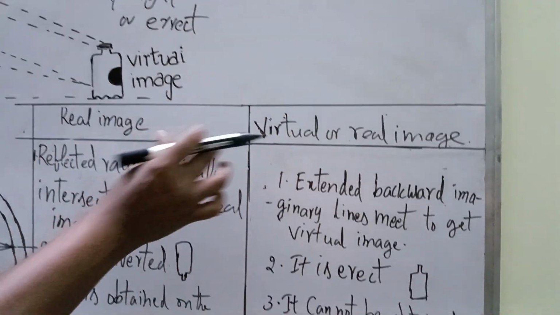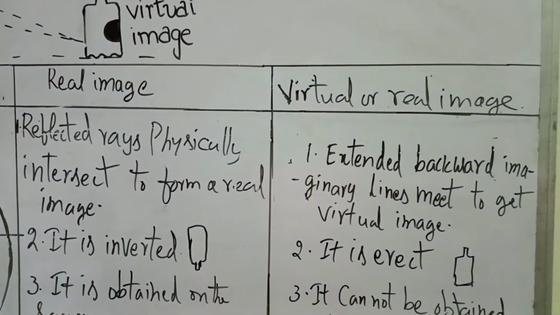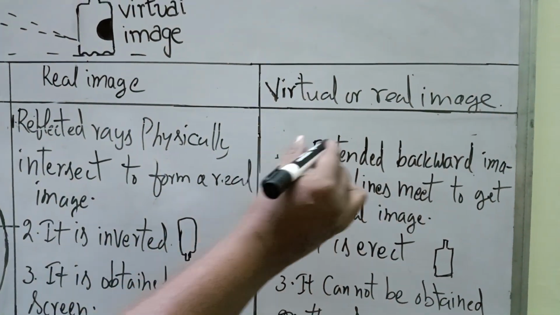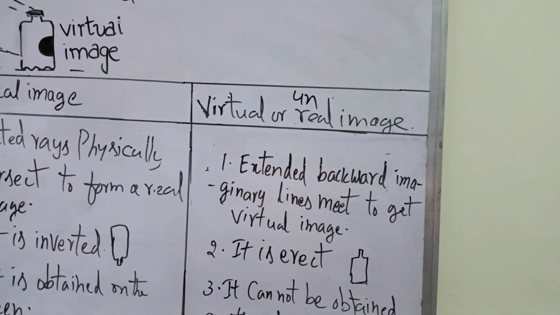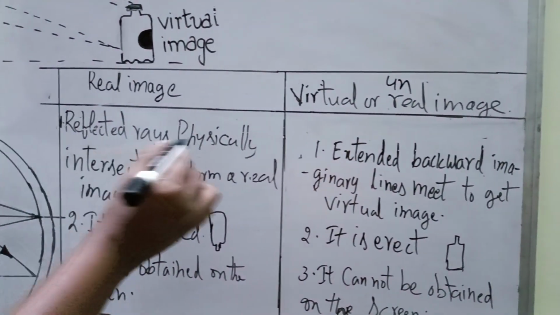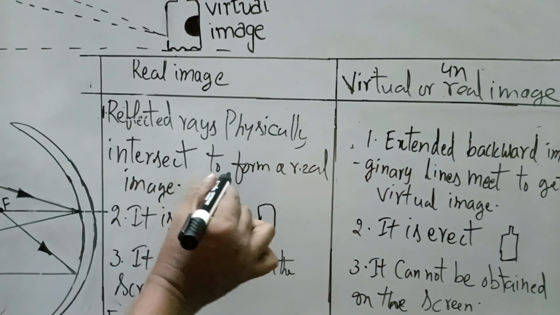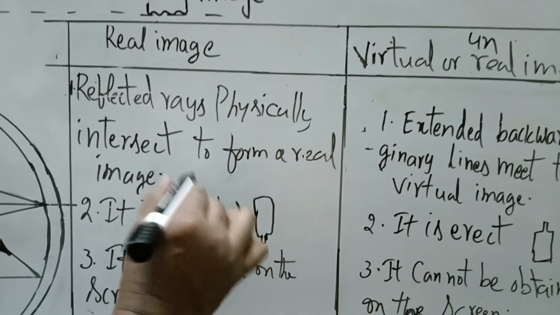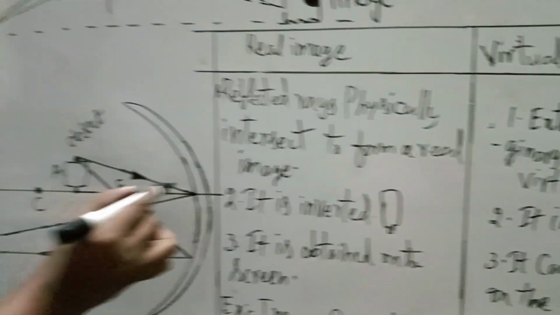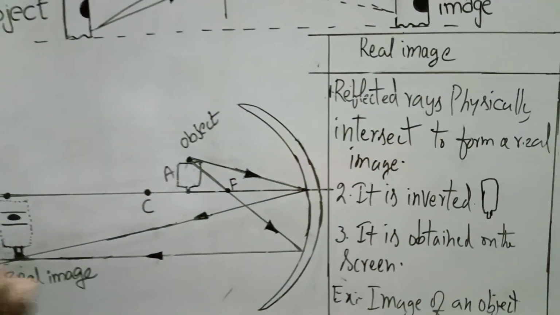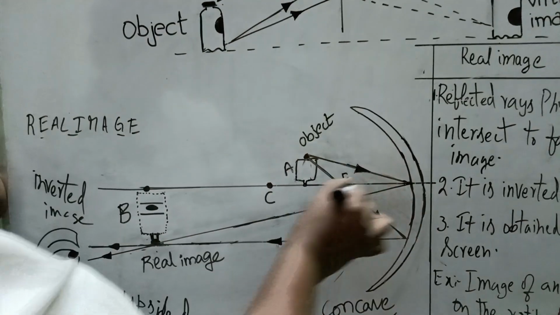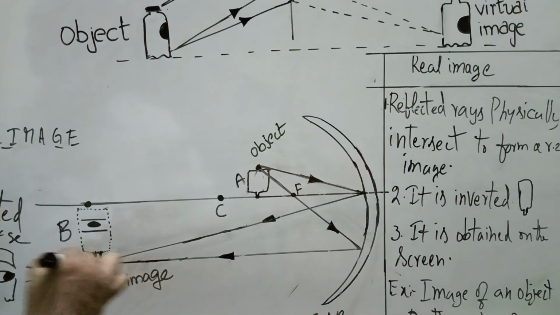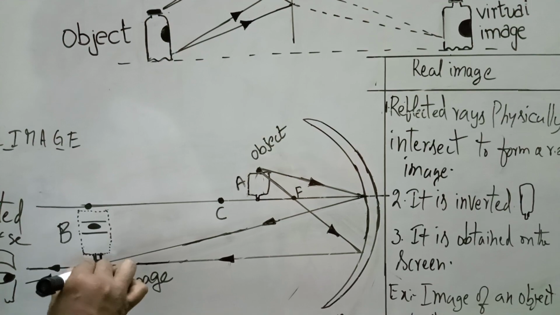Now coming to the differences between real image and virtual image, or unreal image. Reflected rays physically intersect to form a real image. So here these are the reflected rays, which are physically intersecting at this point. The first reflected ray and second reflected ray are meeting at this point.